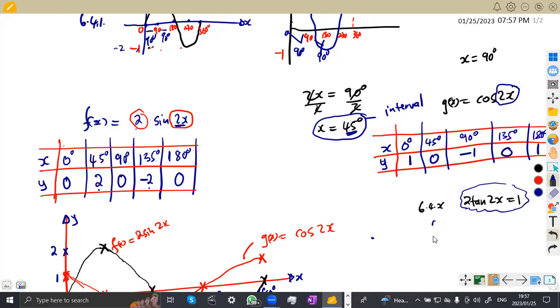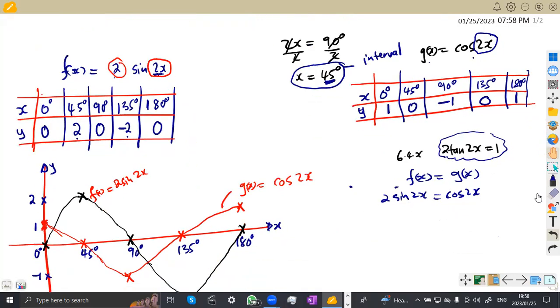If f of x is equal to g of x, that's at the point of intersection. So you take this f of x, which is 2 sine 2x, which is equivalent to g of x. Our g of x is cos 2x. So what happened for us to obtain tan 2x?